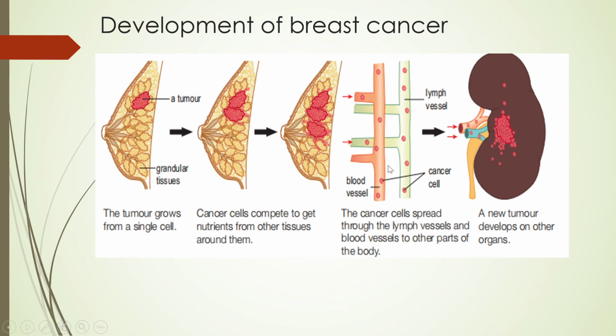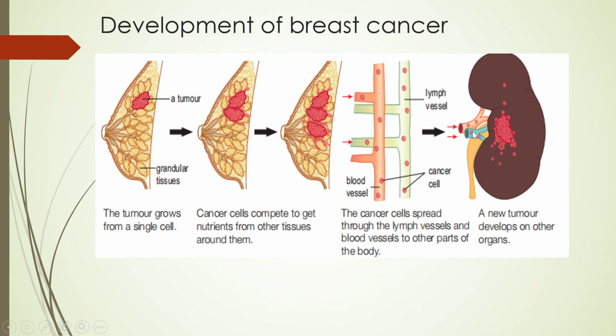So these are the channels. Once entering the blood channel or the lymphatic channel, it goes to other places. For example, this is a kidney. It reached here because blood circulates in the body and it is so easy to spread when it enters the blood vessels.